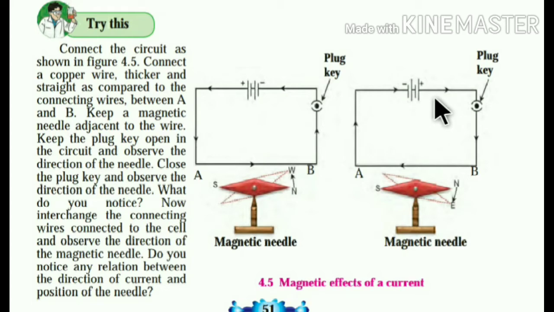Again observe the change in direction of the magnetic needle, and notice whether there is any relation between the direction of current and the position of the needle. So this is the experiment.